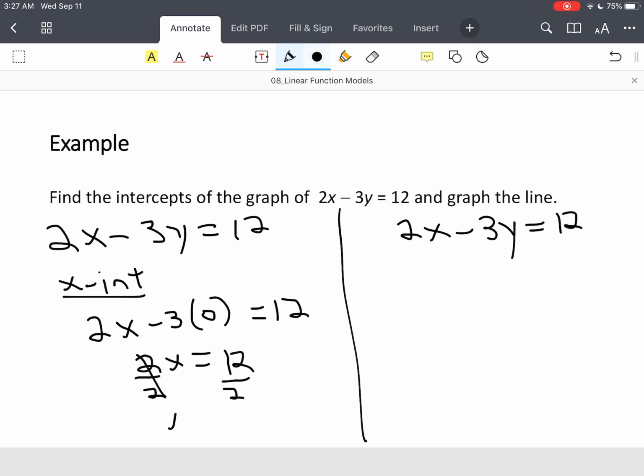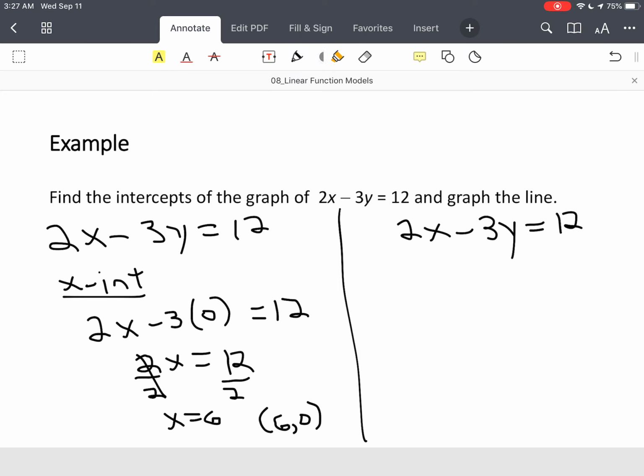So we end up with x equals 6. Now, that's the solution to the equation. All right, now the definition said that the x-intercept is a point that crosses or touches the x-axis. So as a point, and this is a key, the x-intercept is (6, 0).